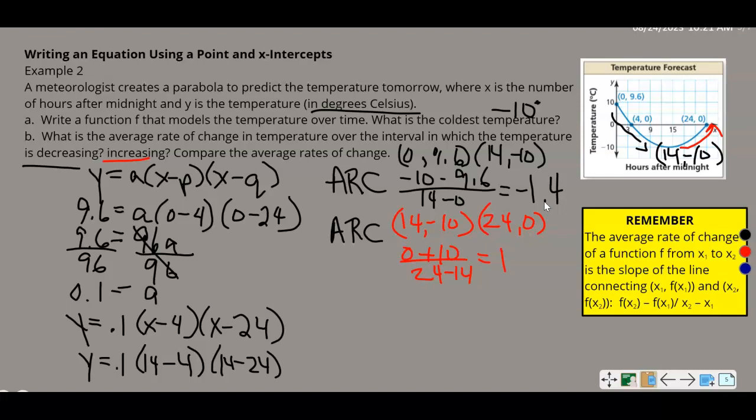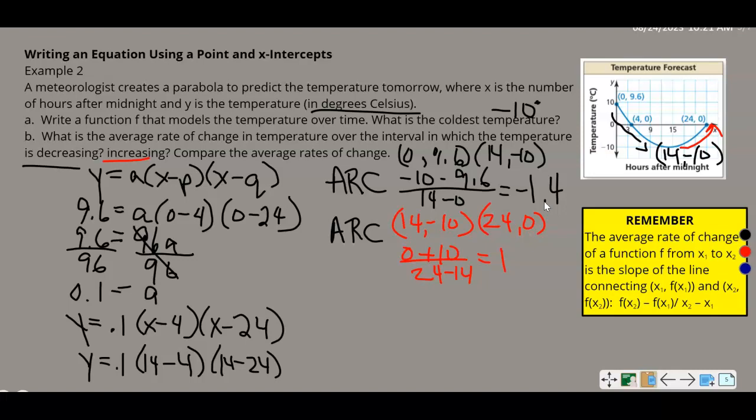So because the absolute value of -1.4 would actually be 1.4, that is greater than the absolute value of 1. So because the average rate of change is greater at 1.4, even though it's a negative number, the average rate of change when the temperature is decreasing is greater than the average rate of change when it's increasing.